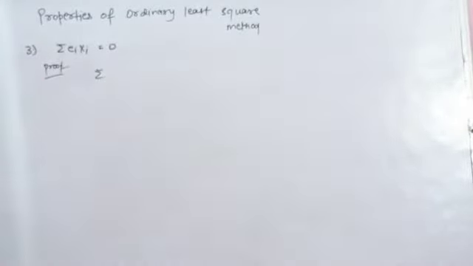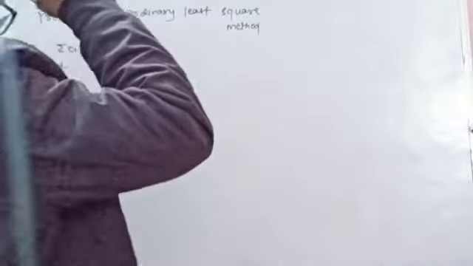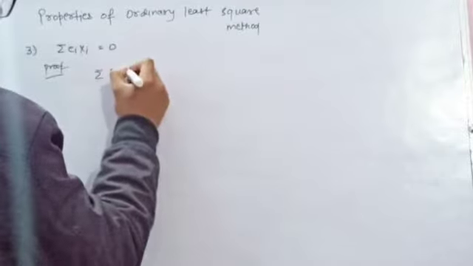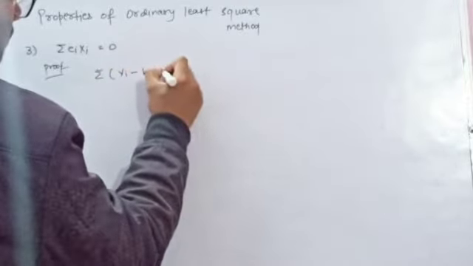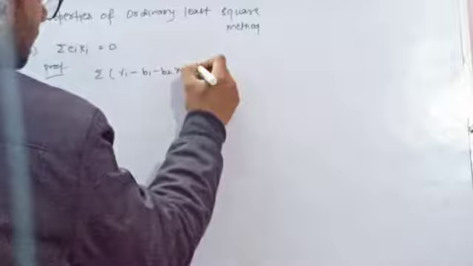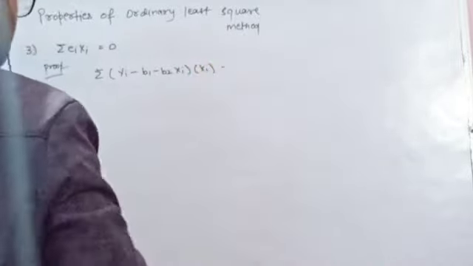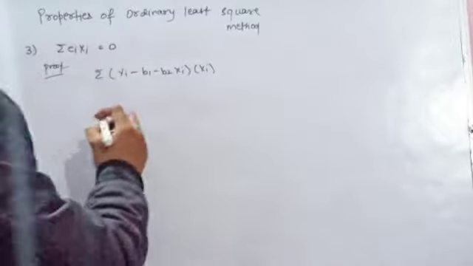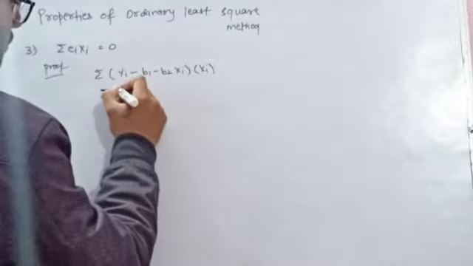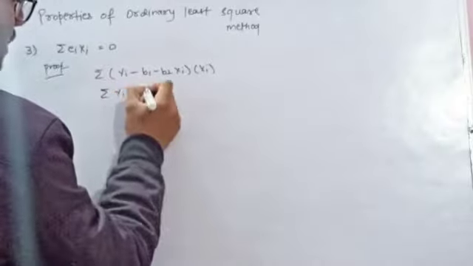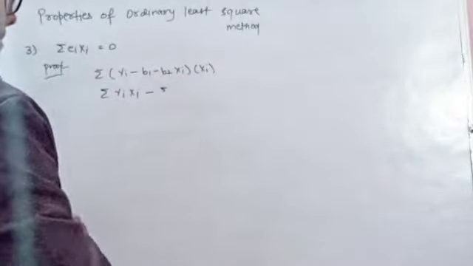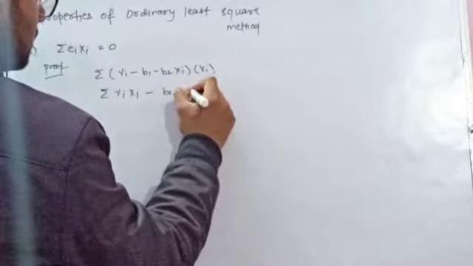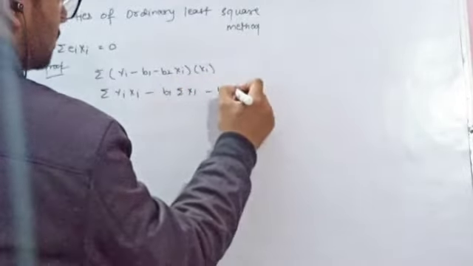Now substitute ei here. From the sample regression function, ei is yi minus b1 minus b2 xi, multiplied by xi. We are taking the left hand side and we have to arrive at 0. So summation yi xi minus b1 summation xi minus b2 summation xi square.